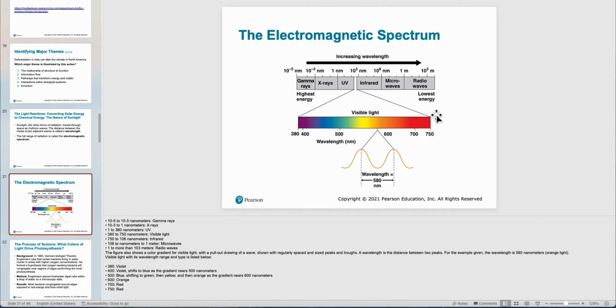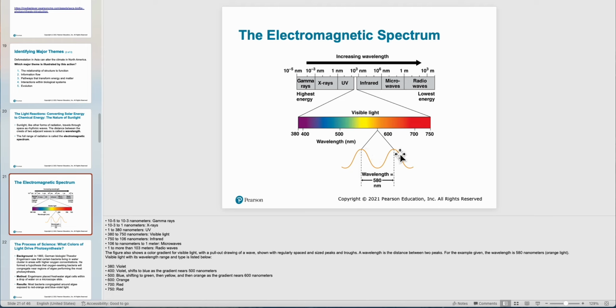Those are the lowest energy because they have the longest wavelength. That is something that people ask about. So a short wavelength is high energy, and a long wavelength is low energy. That they ask. So that's something to be aware of. Now, what is a wavelength? Well, it's like a wave in the ocean. It's a measurement from the crest of one wave to the crest of another wave. So the shorter the wavelength, the more energy.